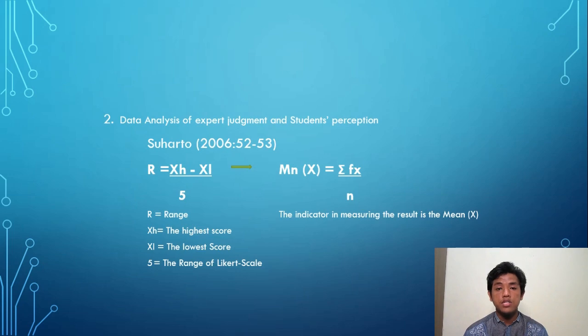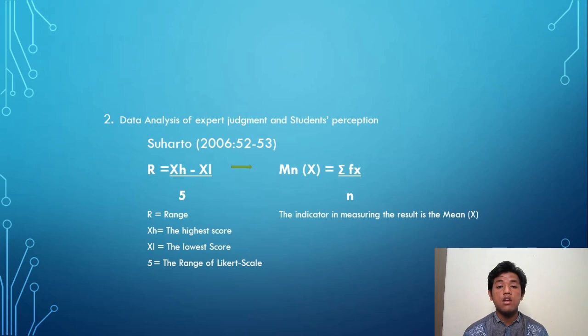R is range, XH is the highest score, XL is the lowest score, 5 is the range of the Likert scale, and the pattern is R equals XH minus XL divided by 5.